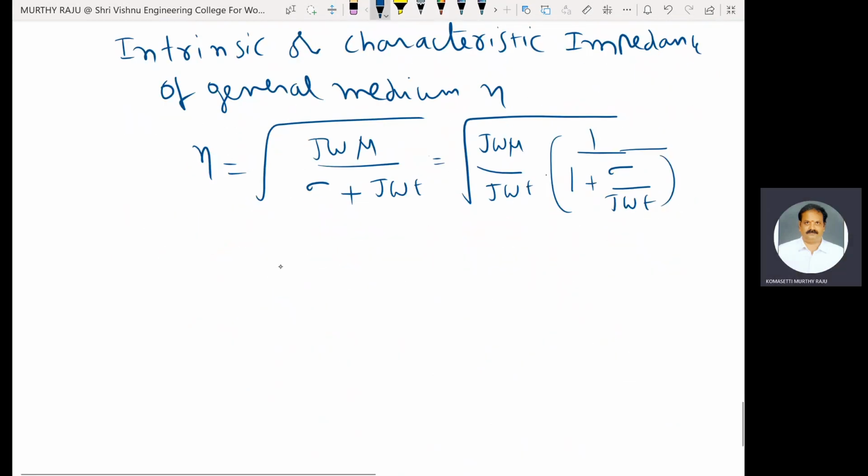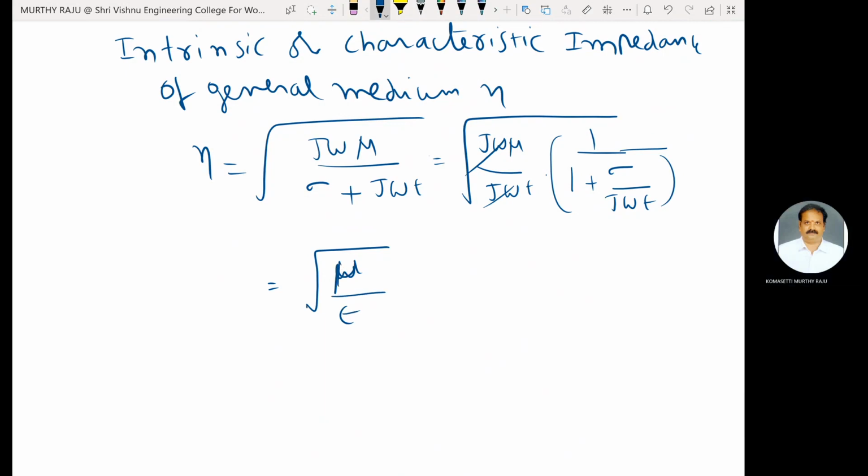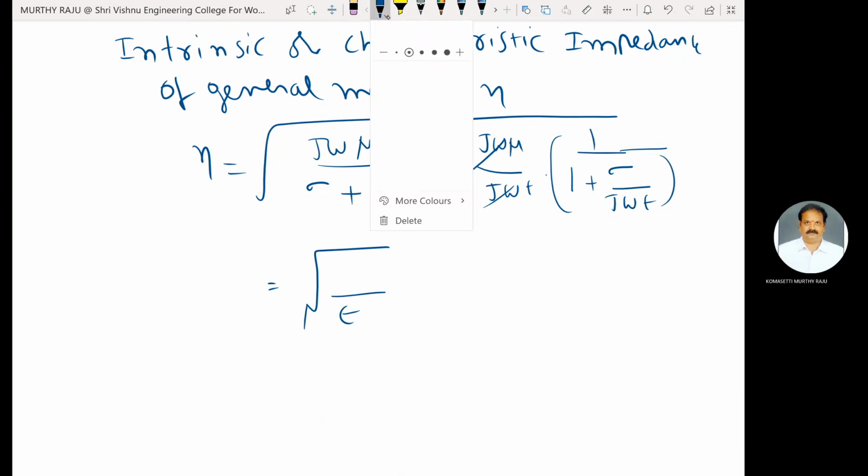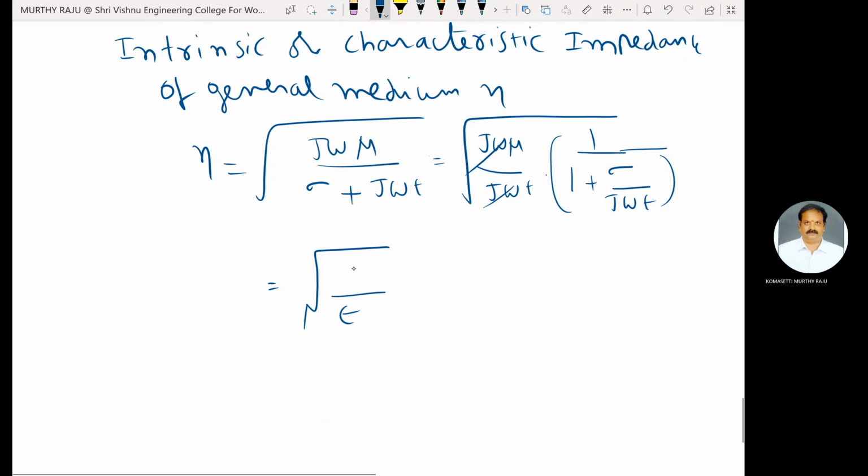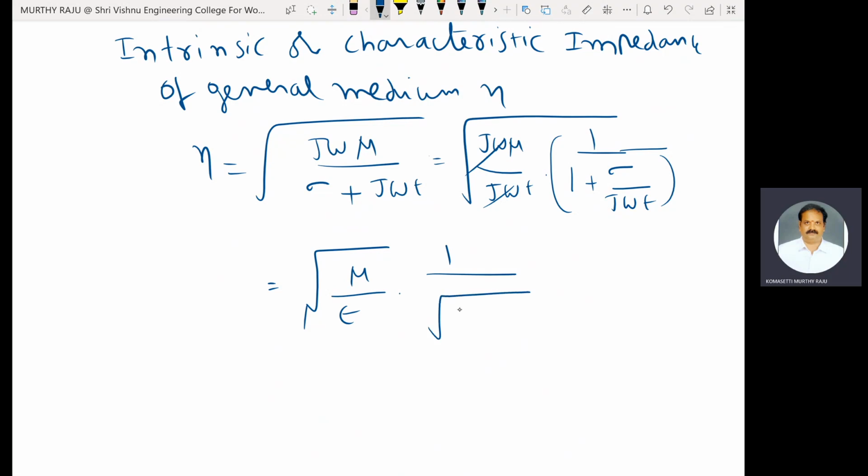That is equal to, j omega is cancelled, the square root of mu by epsilon, and 1 by the square root of 1 plus sigma by j omega epsilon.